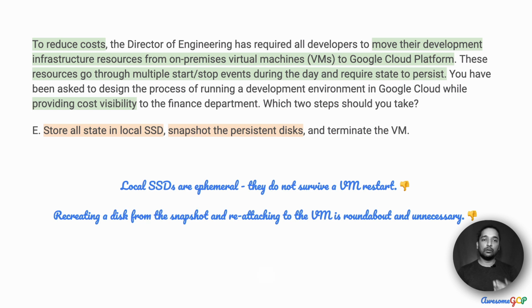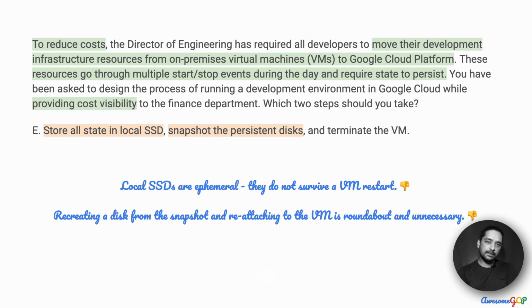Even if you take a snapshot of the persistent disk, save it somewhere, and the next time you restart the VM, you connect that snapshot and bring it back, it just increases the amount of overhead that you have to deal with. There's just more administrative tasks, and that is not required in this particular case because we've already seen an option that is better than that.